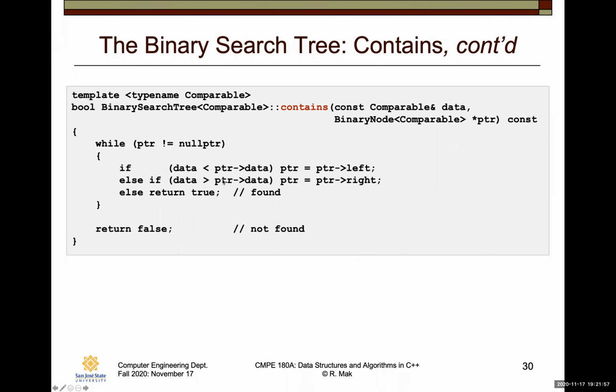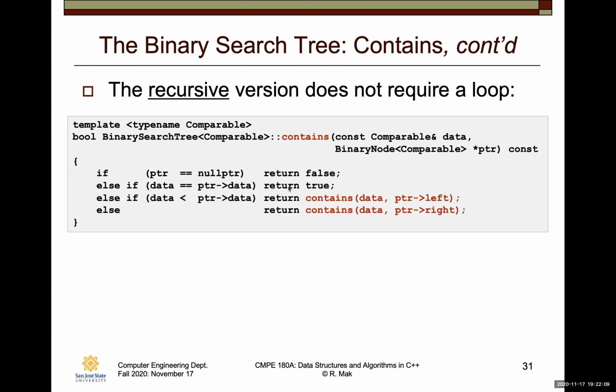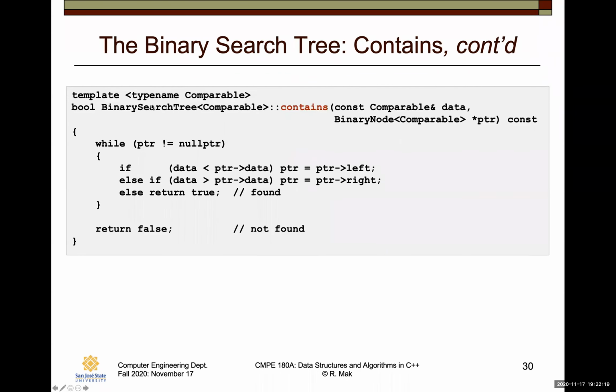Now, in general, the iterative versions are faster. But of course, the recursive versions tend to be more elegant. Here, this looks very elegant in that we don't need a loop because we're just making recursive calls, whereas the iterative version does require using a loop.